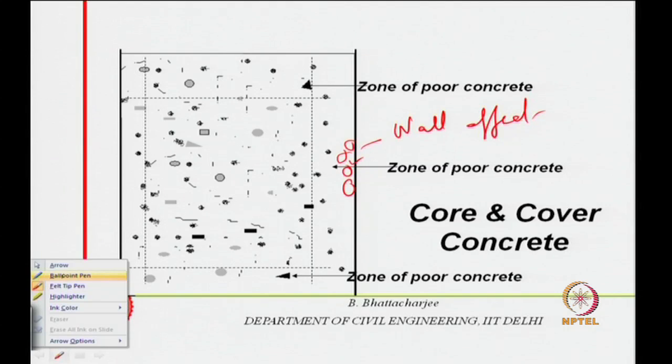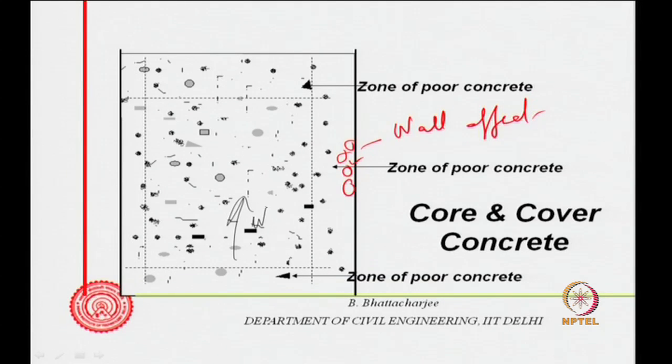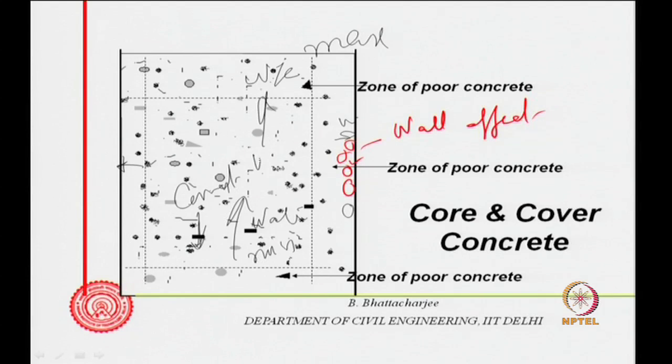Water has a tendency to go up. So, maximum water cement ratio, maximum bleeding would occur here. Even when you do vibration, water has a tendency to come here. Cement has a tendency to come down, water has a tendency to go up.